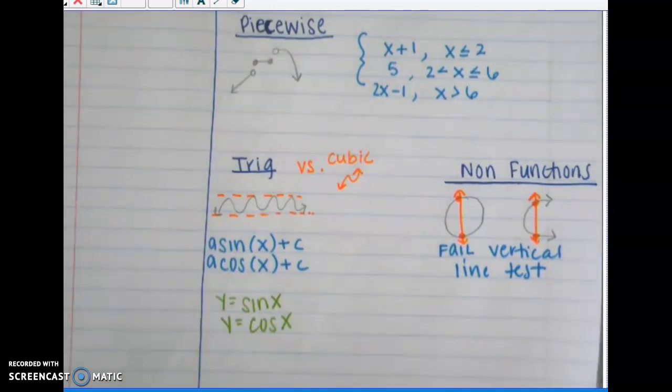So we will work together on some of the graphs. But we are going to figure out in this video how to tell the transformation from the equation.